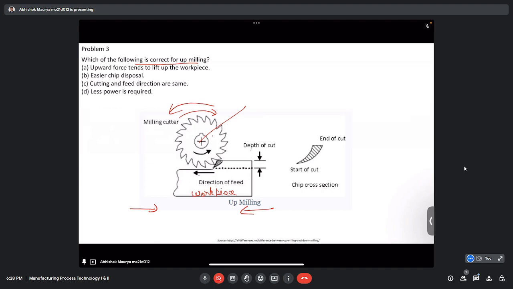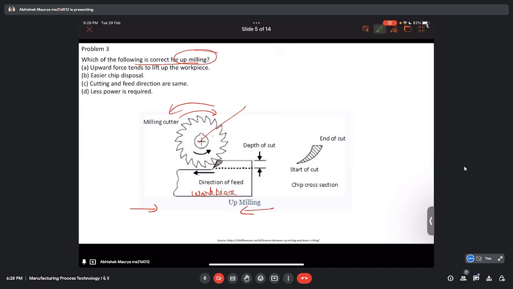Now let's try to see the situation of up milling. Suppose our milling cutter is moving in the counterclockwise direction, which I have shown in green, and at the same time our workpiece is going in the left direction.